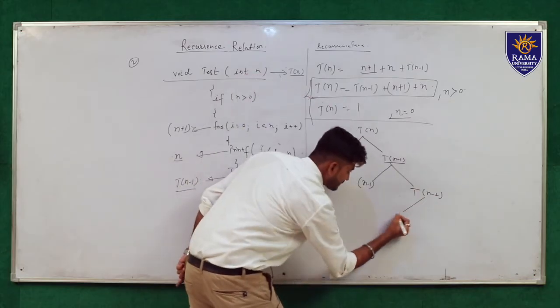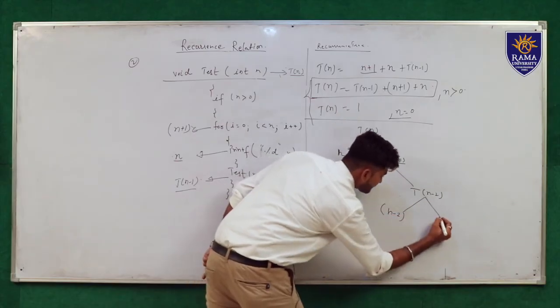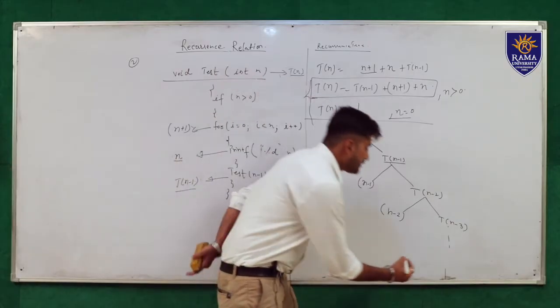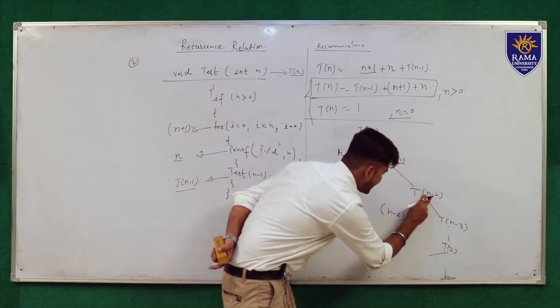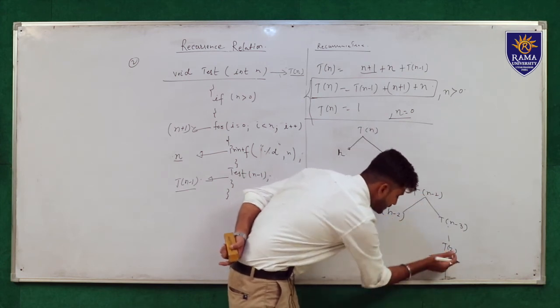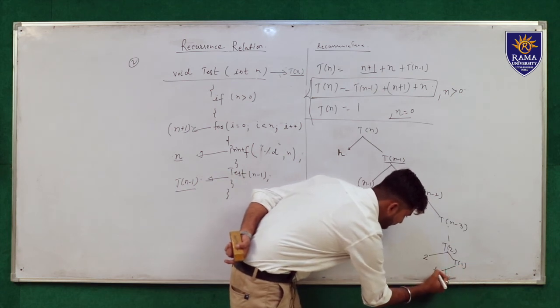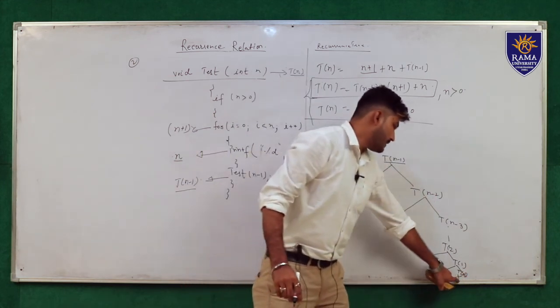Again, this will expand to n-2 and Tn-3, and this goes on. When this becomes T2, that will print 2, and T of 1 and T of 0, T of 0, here the recurrence function stops.